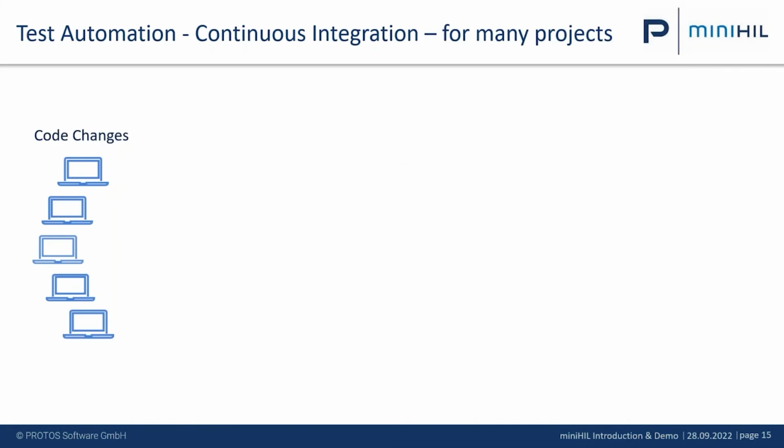And if you have bigger projects, more people working on a project, or a longer running project, usually we go to continuous integration. You can hook this miniHIL directly up to basically any continuous integration server. So any code change of any developer leads to an automated checkout.